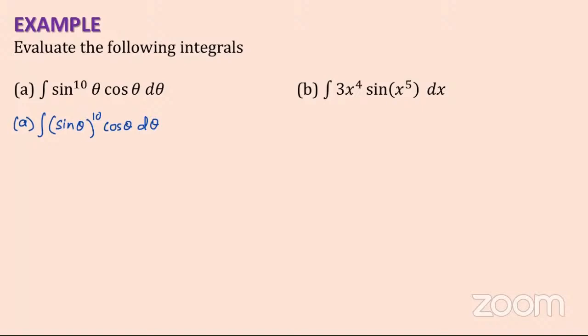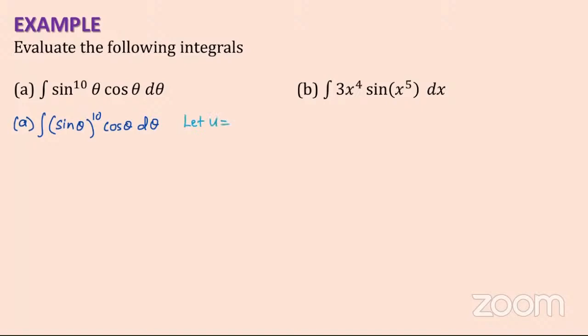The composite function here is the power function with power 10, and the inside function is sine theta, right? And the derivative of sine theta is cosine theta, which is also there in the integral. So u substitution works here. So let's do that u substitution.